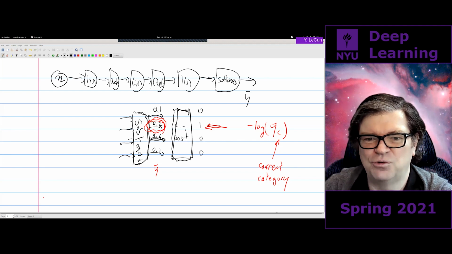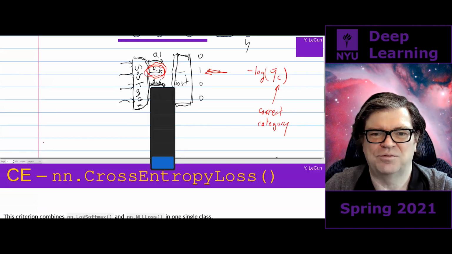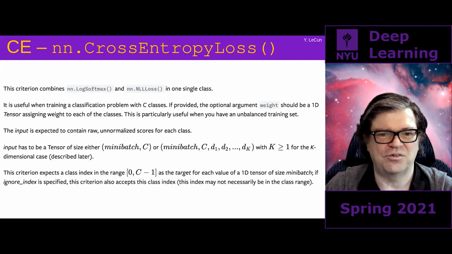But if we do this as two separate modules, where we compute softmax and then negative log likelihood, we get numerical issues. So what we do is compute the log softmax and then maximize the correct output, or take the negative log softmax and minimize the correct output, which is the same.